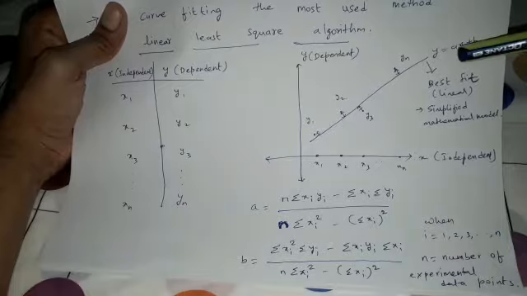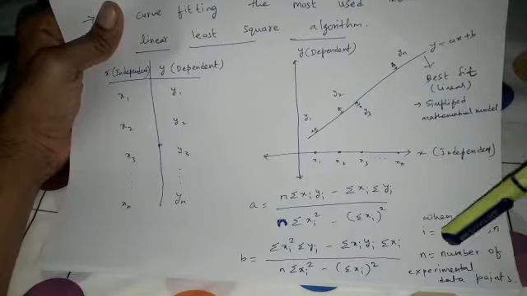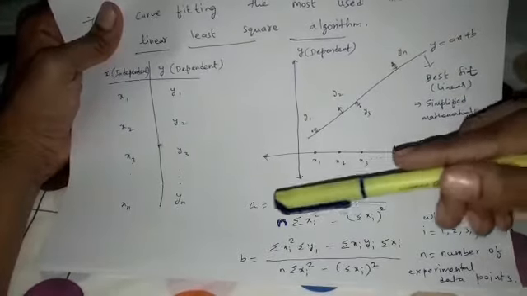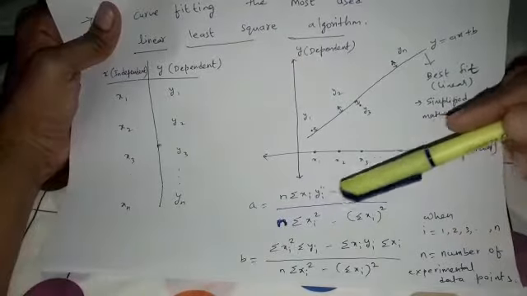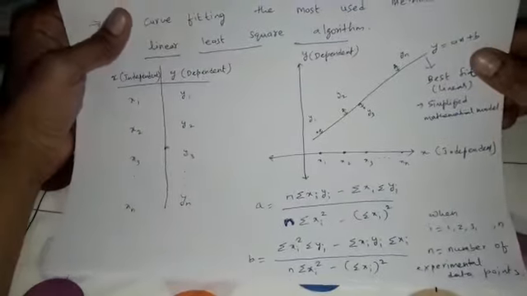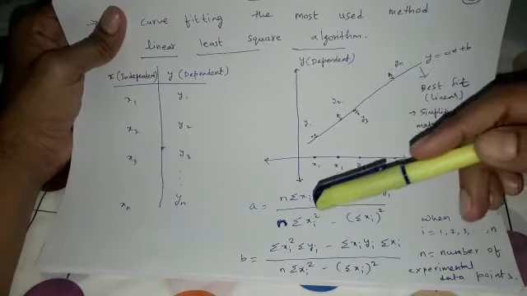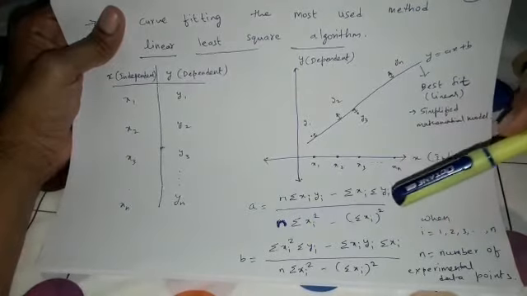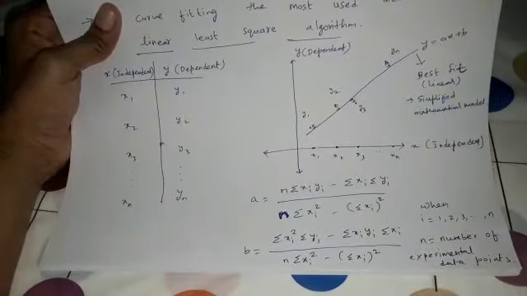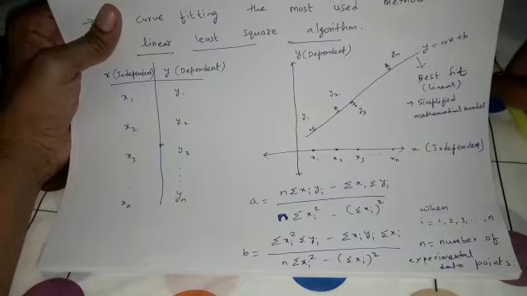Here n is your number of experimental data points, and the suffix i varies from 1 to n. a is given by the formula n times sigma xi yi, where x is your independent variable and y is your dependent variable, minus sigma xi times sigma yi, over n times sigma xi square minus sigma xi the whole square. b is given by sigma xi square times sigma yi minus sigma xi yi times sigma xi, over n sigma xi square minus sigma xi the whole square.